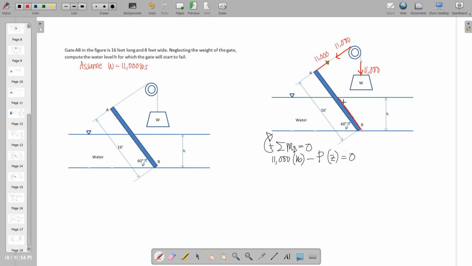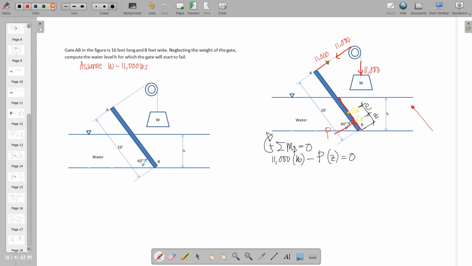Say this is the portion submerged in the liquid, and take note, from that submerged portion we have here the center of gravity, the center of pressure, the concentrated force at that certain location, and this is E, and again this is labeled Z. Okay, so we have that as our equation. Now, what is Z in this diagram?